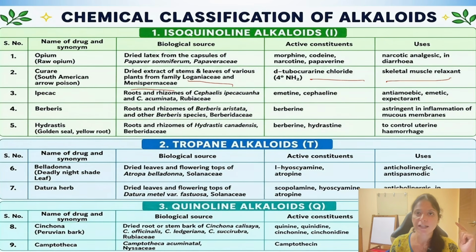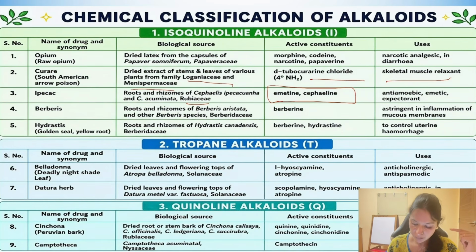The next example under isoquinoline alkaloids is ipecac. Ipecac is found as roots and rhizomes. The source is Cephaelis ipecacuanha or Cephaelis acuminata, and you can come across these even in your practical time. The family is Rubiaceae.